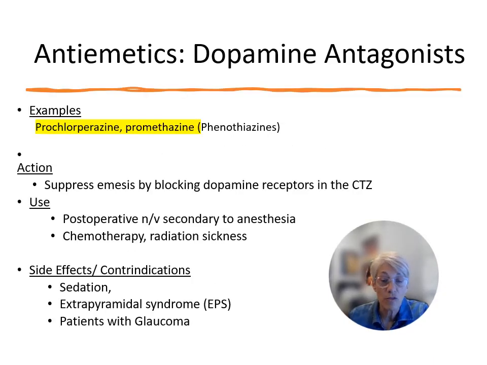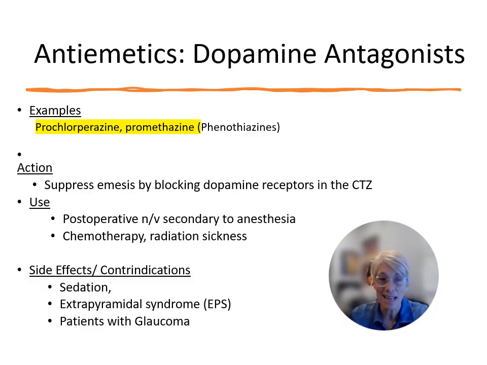So another group of meds, remember another thing, when dopamine is released, it also can cause nausea and vomiting. So again, this is another higher level of vomiting, again, because of anesthesia, chemotherapy, radiation sickness, but we have some kind of higher end meds to treat that.